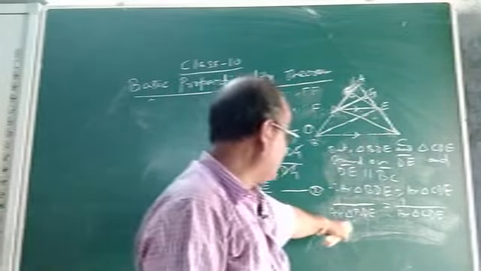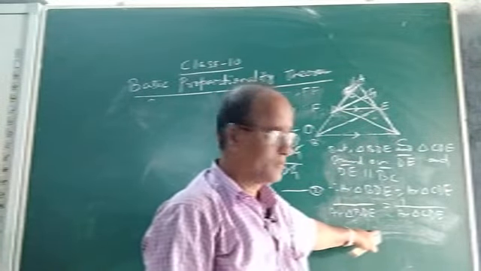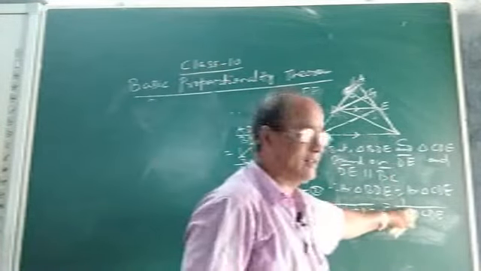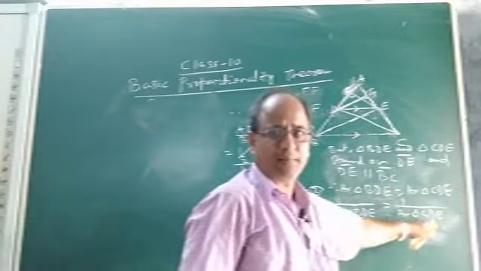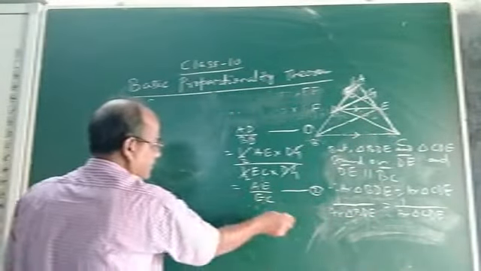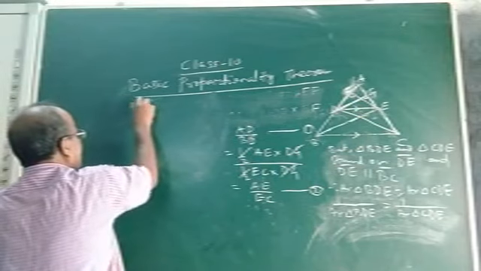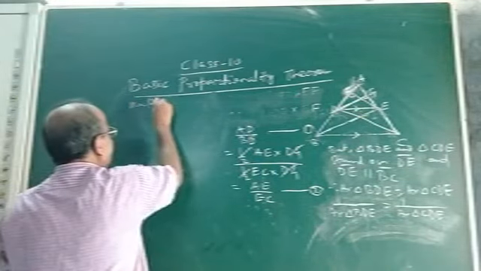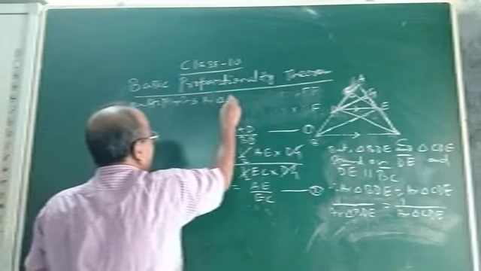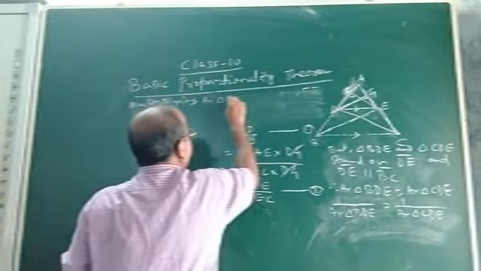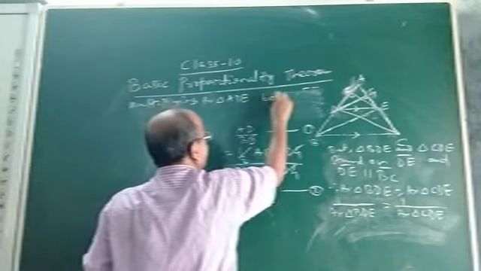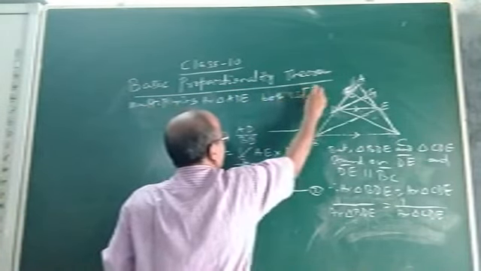Now you multiply this equation by area of triangle ADE, both sides, the left hand side and the right hand side. So what will you get? Multiplying area of triangle ADE both sides, what will we get?